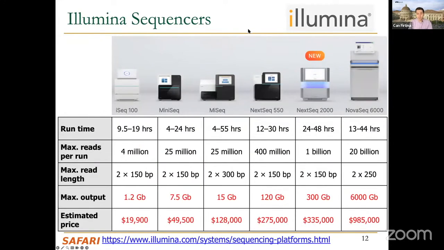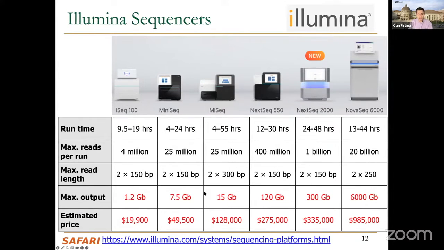For example, these are some machines from Illumina, and they have different runtimes. They have different read lengths, but if you look closely, these are usually in the range of a few hundred bases. So these machines can generate read lengths from 100 to 200 or even 500 and so on.